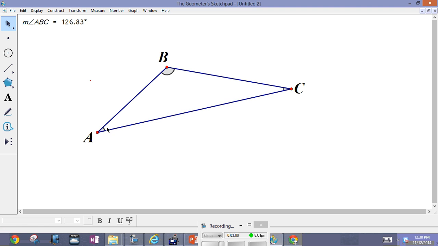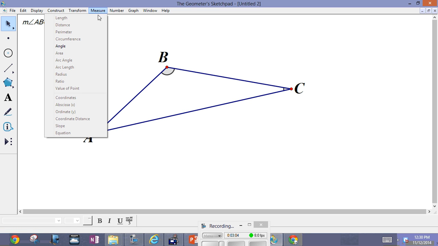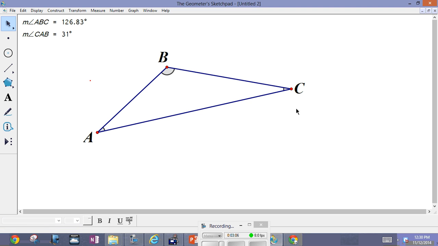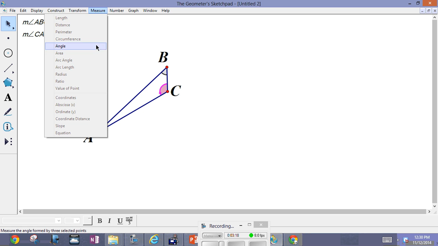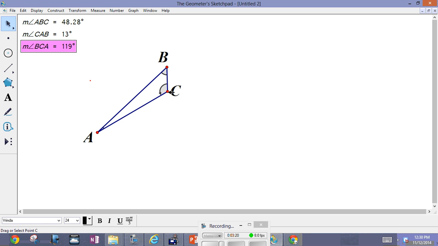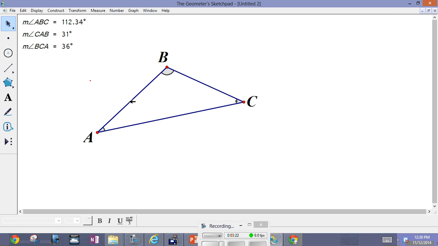Measure each of the angles and each of the sides. That's angle measured. Now sometimes you may not be able to grab that angle, so you might have to enlarge it. Once I can enlarge it, I can grab it and measure the angle. So I got all the angles measured, and I want to have all the sides measured.